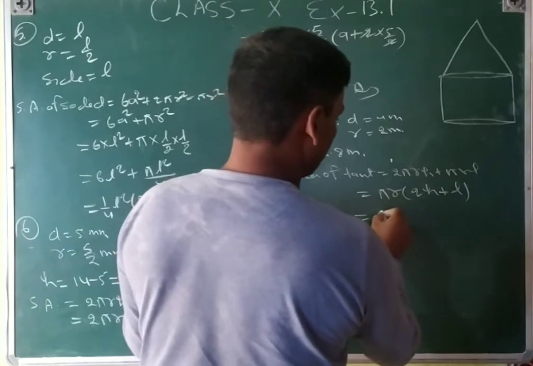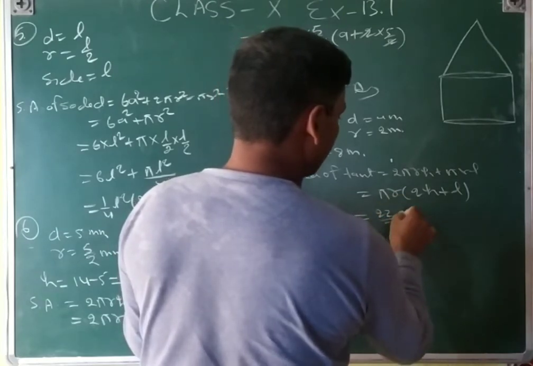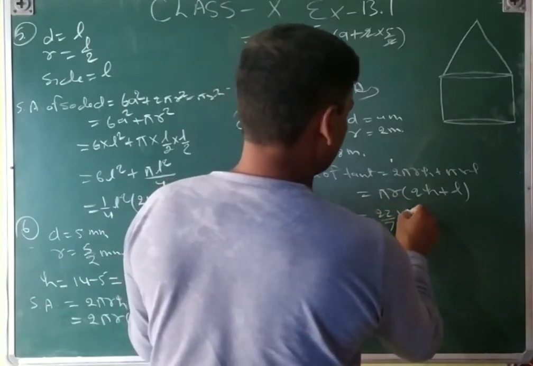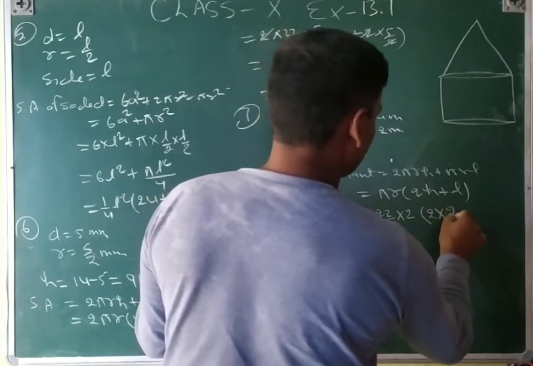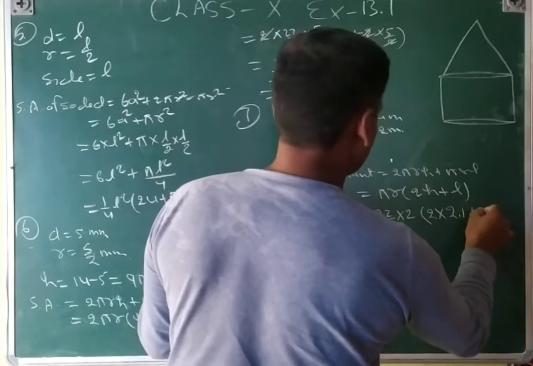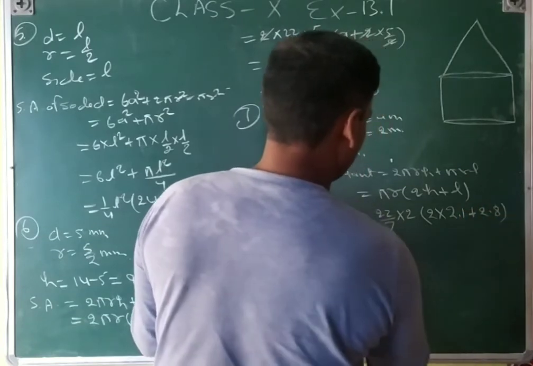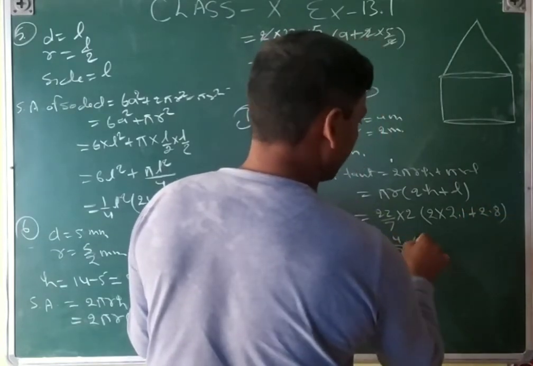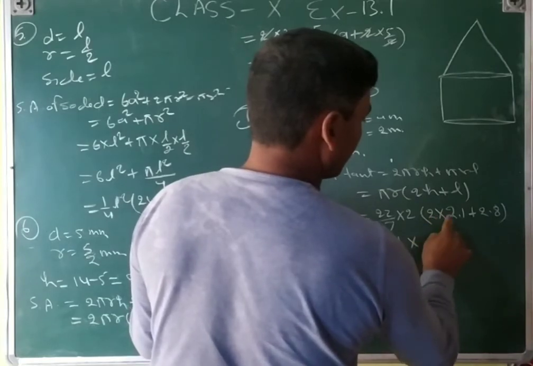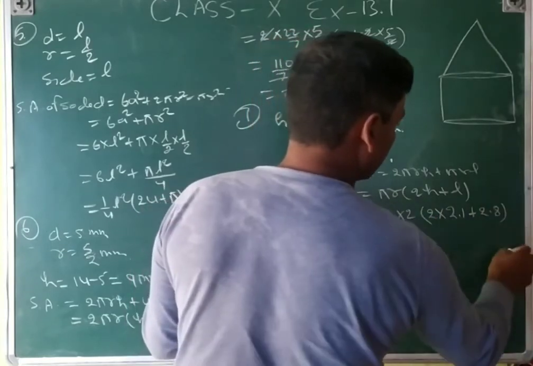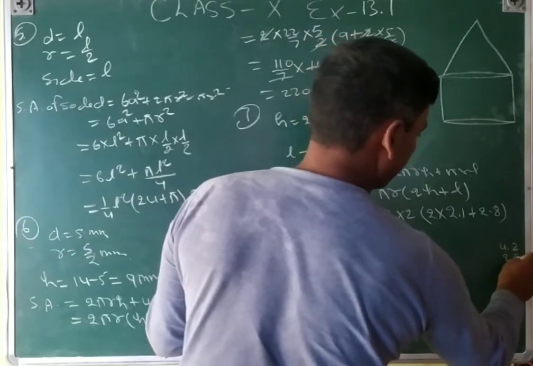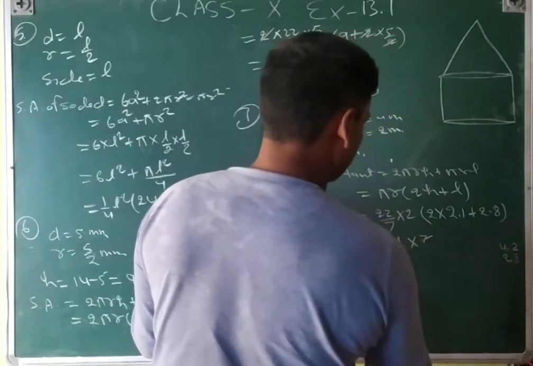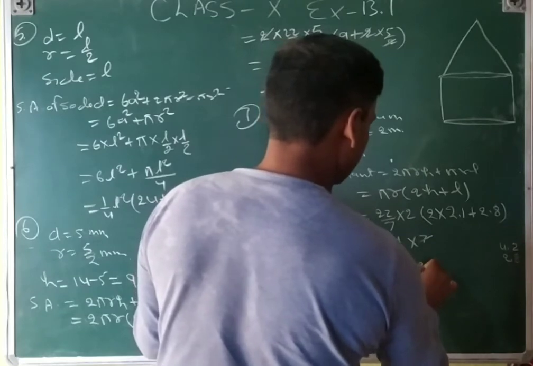So 22 upon 7 into R is 2, bracket 2 into H is 2.1 plus L is 2.8, and then 44 upon 7 into 2 1 ja 2, 2 2 ja 4 plus 2.8, that will be 7. So that is 44 meter square. This is the first answer.